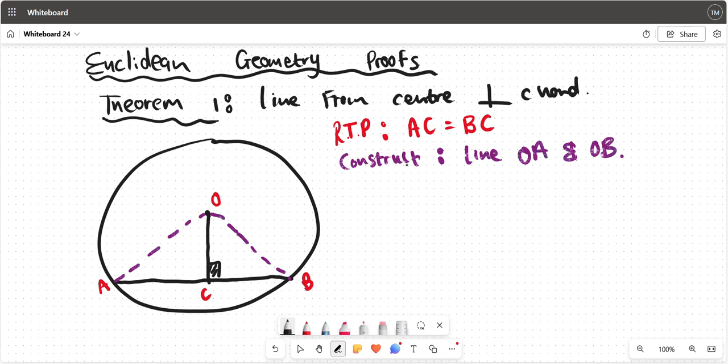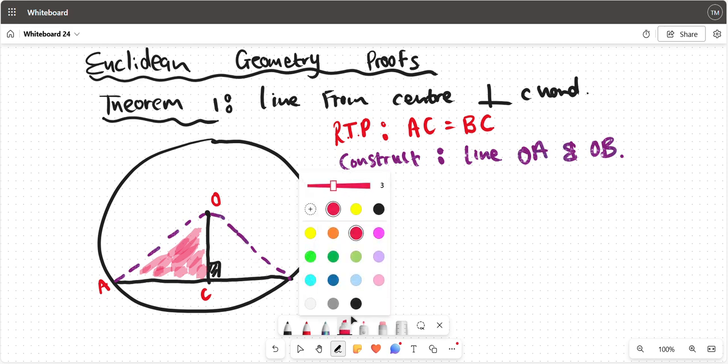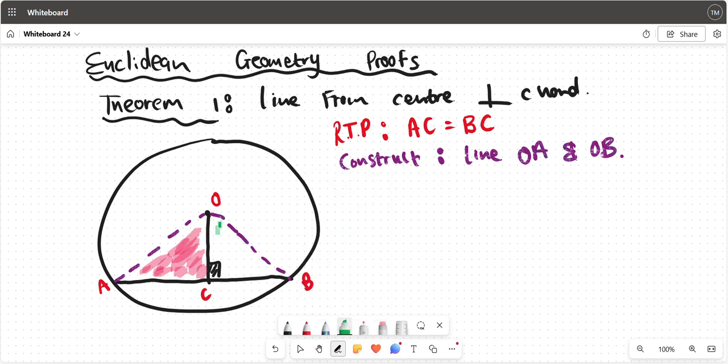Then once I've constructed that, I have these two triangles in front of me. There's this one here, the red triangle, and then there's this one here, which is the green triangle, right?